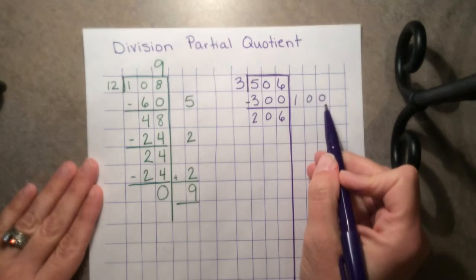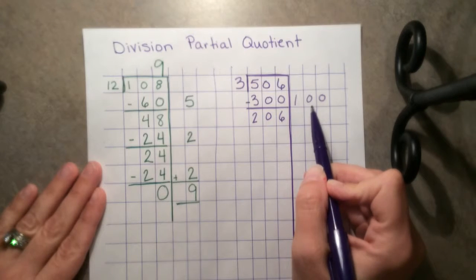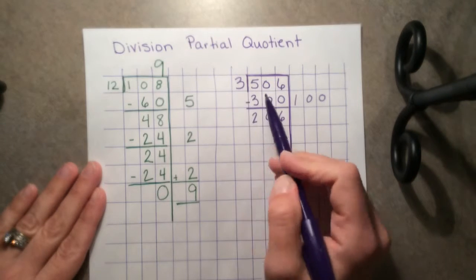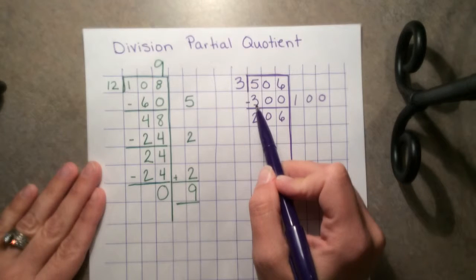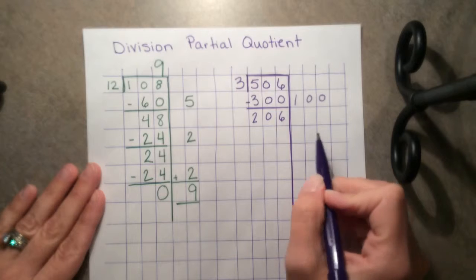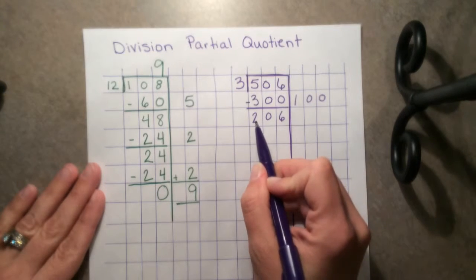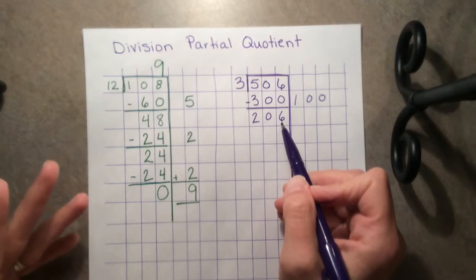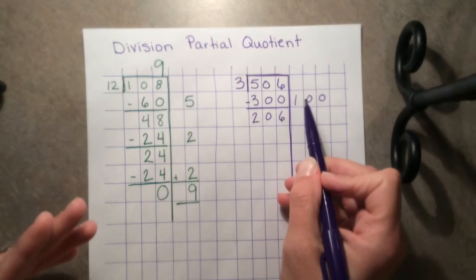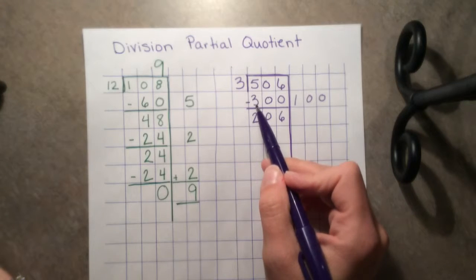On the outside, this is the multiplier. 100 times 3 is 300. Again, I do not want to see my students now say 1 and start subtracting 3. I want them to look at my number and say 206. Well, 100 times 3 is 300.